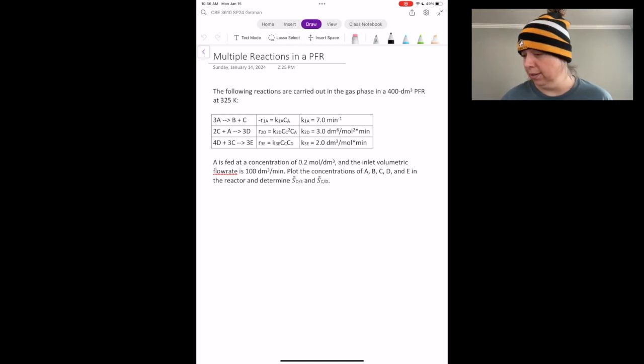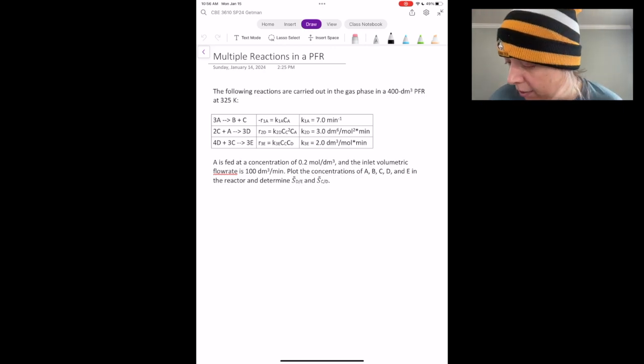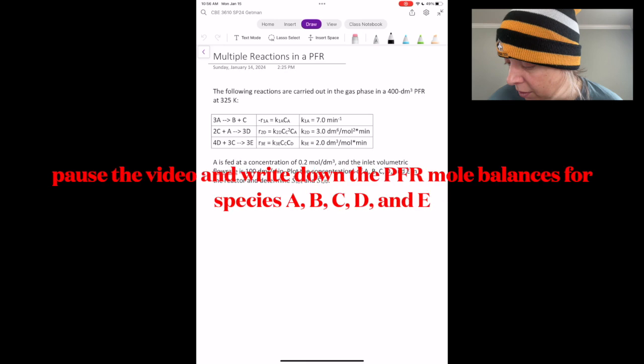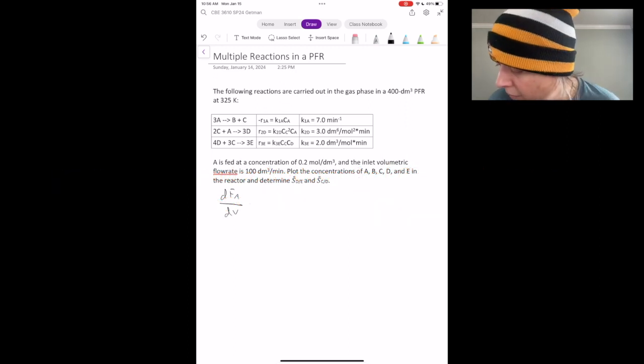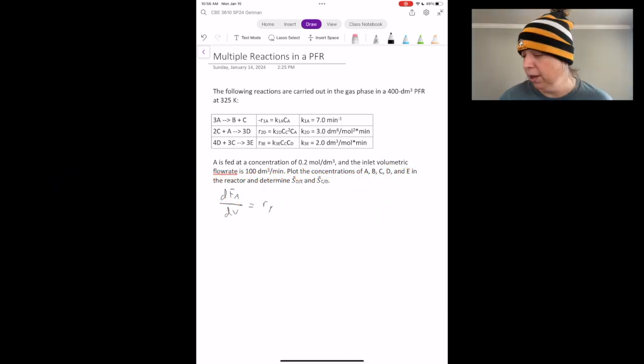Our design equations have to include the mole balances for all of the different species. So we're going to write down then the PFR mole balances for the different species. So that's going to be the mole balances in terms of moles. dFA/dV equals rA.